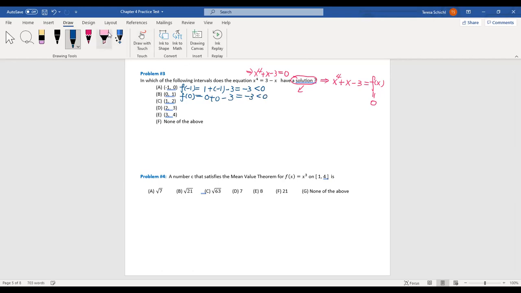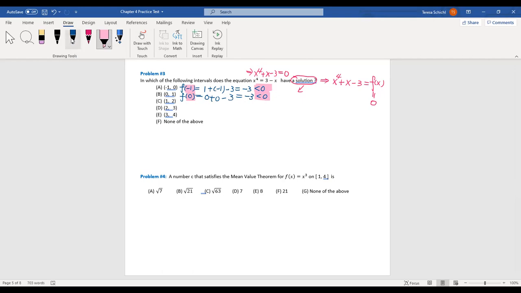So when x equals -1 and x equals 0, both of them are equal to negative values, right? So I cannot guarantee there is a solution between -1 and 0.